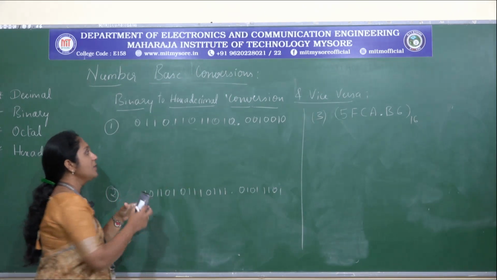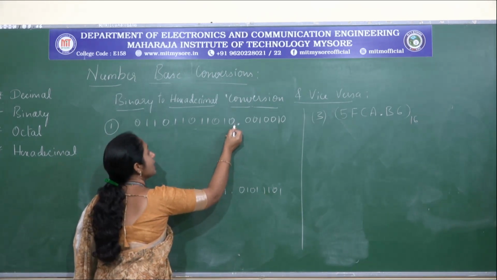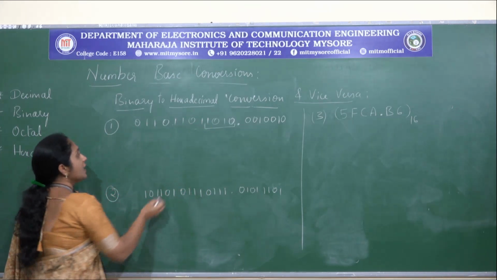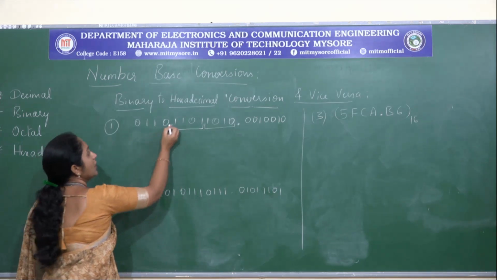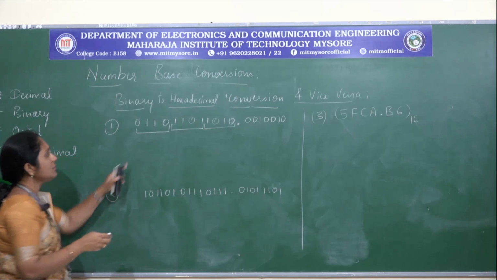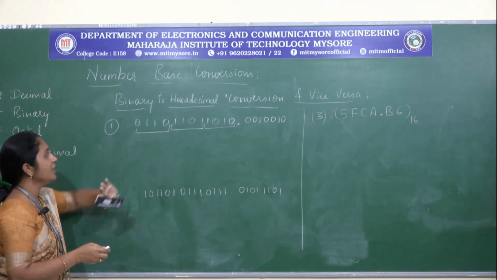Now let me start from here. We need to move to the left from this. 1010, 4 bits. Next, again 1101, next 4. Next, I have written 0 even though it does not carry any value, so that here I have 4.